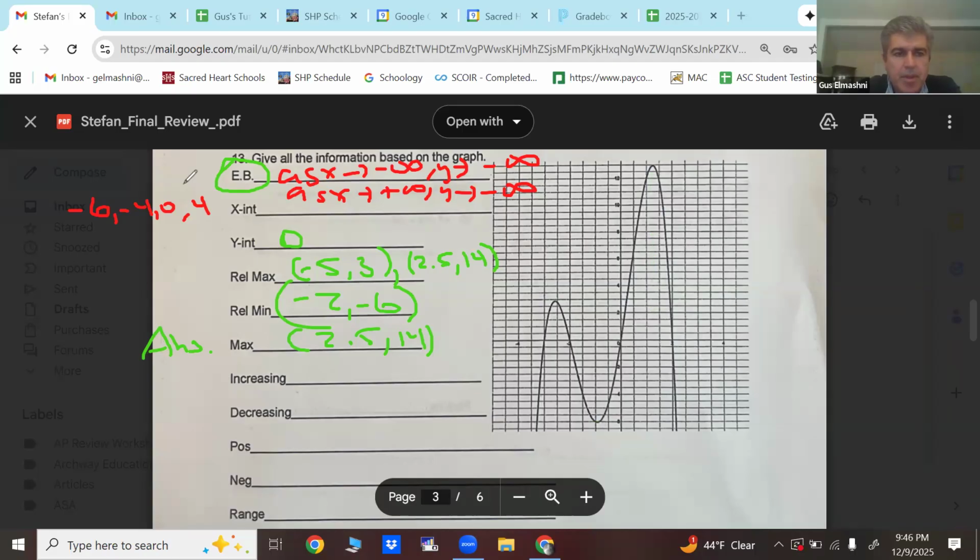If you can circle where the graph is increasing. You should be able to see the annotate button right here. That is part of it.